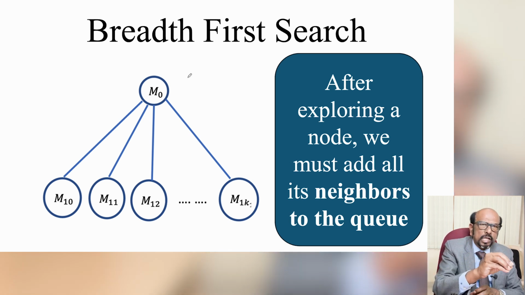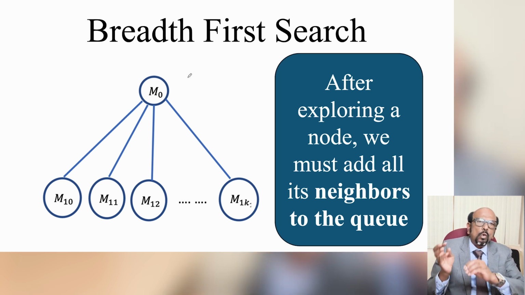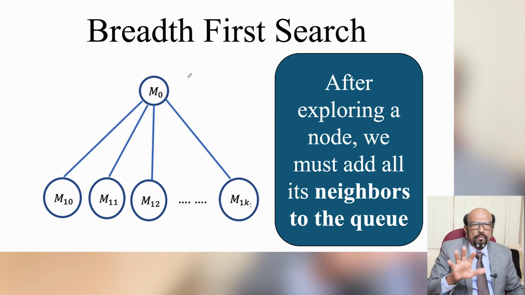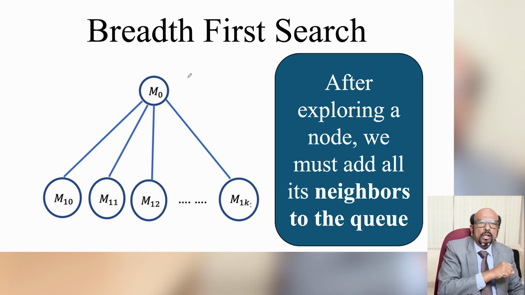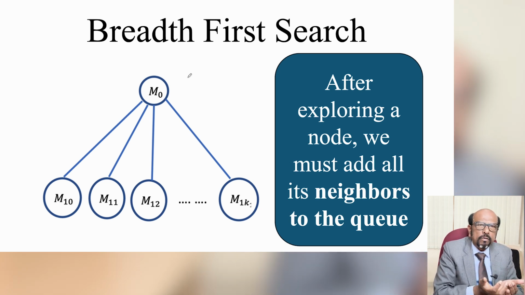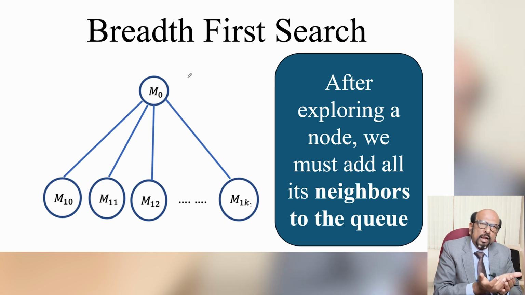So in M0 you search. If it is not available, then what are all the things to be searched next? The neighbors. So all the neighbors, you keep in a queue. From the queue, you pop the first entry and find out whether the solution is available there. If the solution is available, we are done.